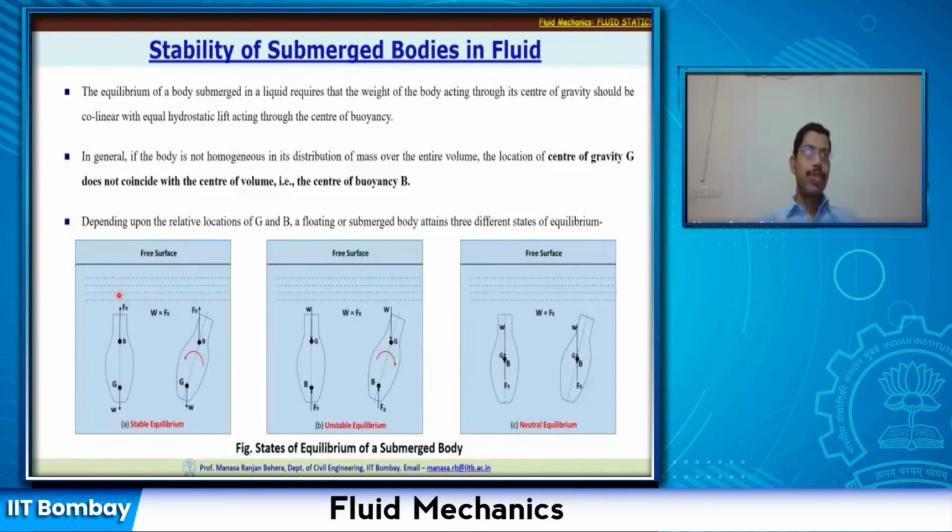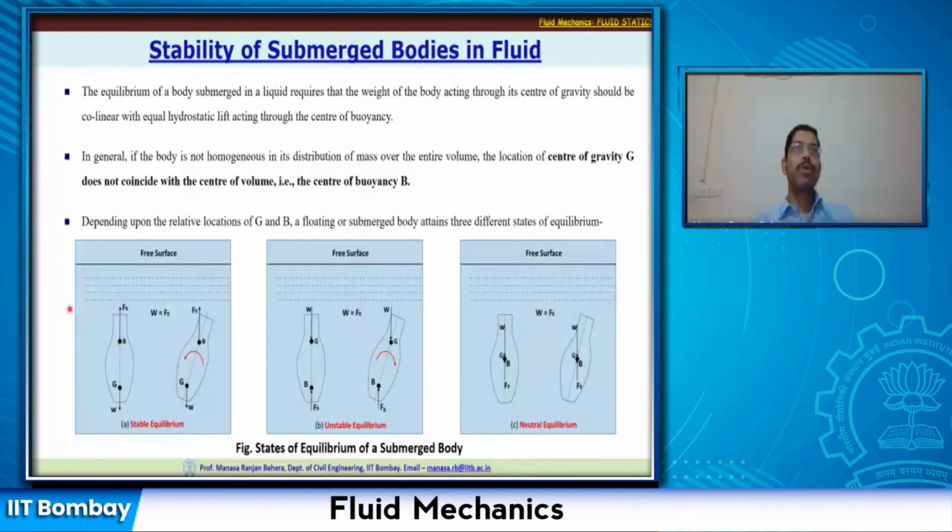If the line of action is the same, then the body is going to be in stable equilibrium. Why is it so? If the line of action is the same and B is at a higher elevation, above G, then the forces are pulling each other, so this kind of tension means the body is under stable condition.